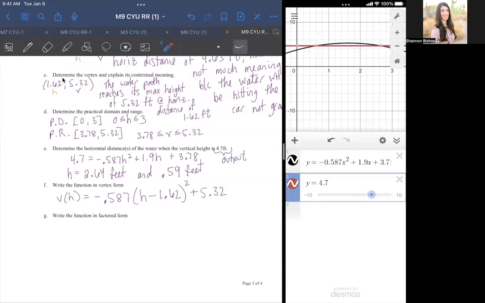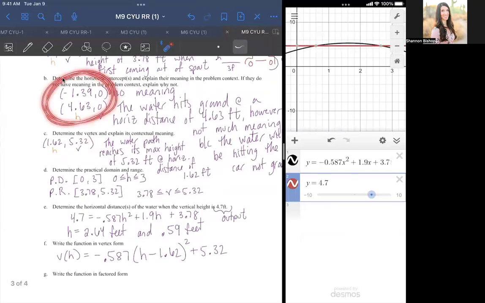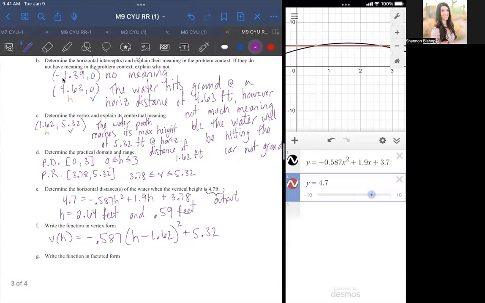And then last but not least, part G, write the function in factored form. Okay, again, factored form, they are related to the x-intercepts, and we already have our x-intercepts. So here we go again. V of H equals, I know the A value. It has been the same this whole time. And now h minus the first x-intercept happens to be negative, so it's technically minus a negative.